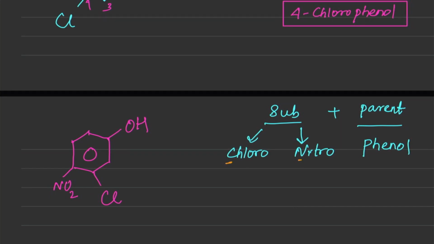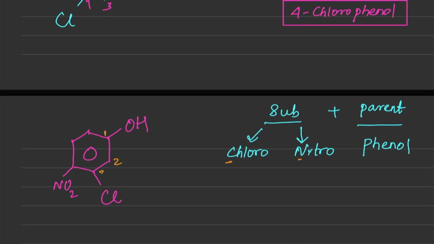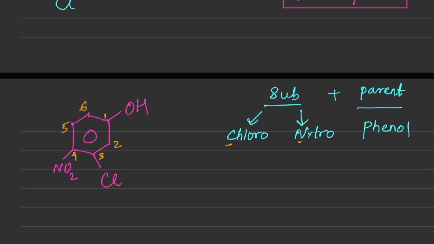Now let's look at the numbering system. This one might get tricky. I'm not sure, so let's see. This is always 1. So let's go clockwise. 2, 3, 4, 5, 6. If I go clockwise, my substituents are on carbon atoms 3 and 4.